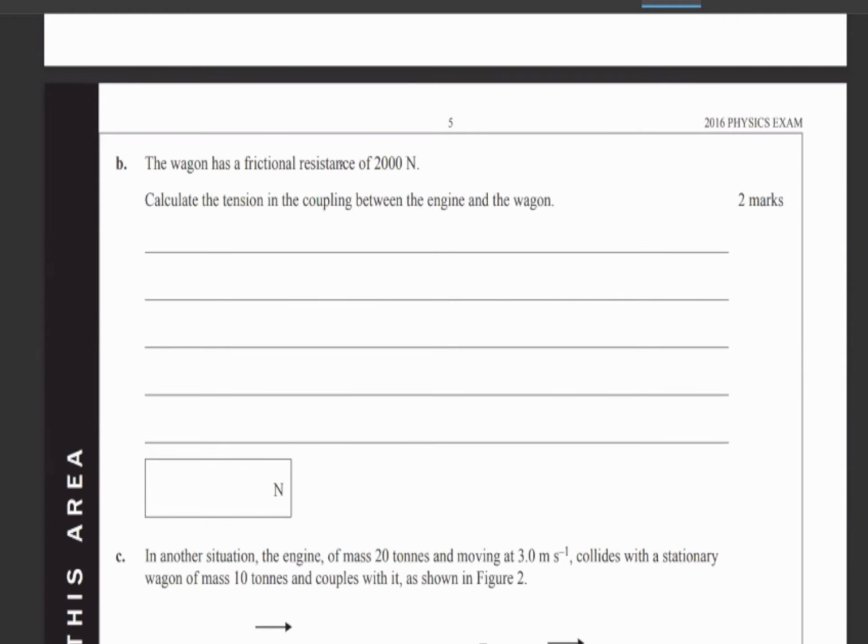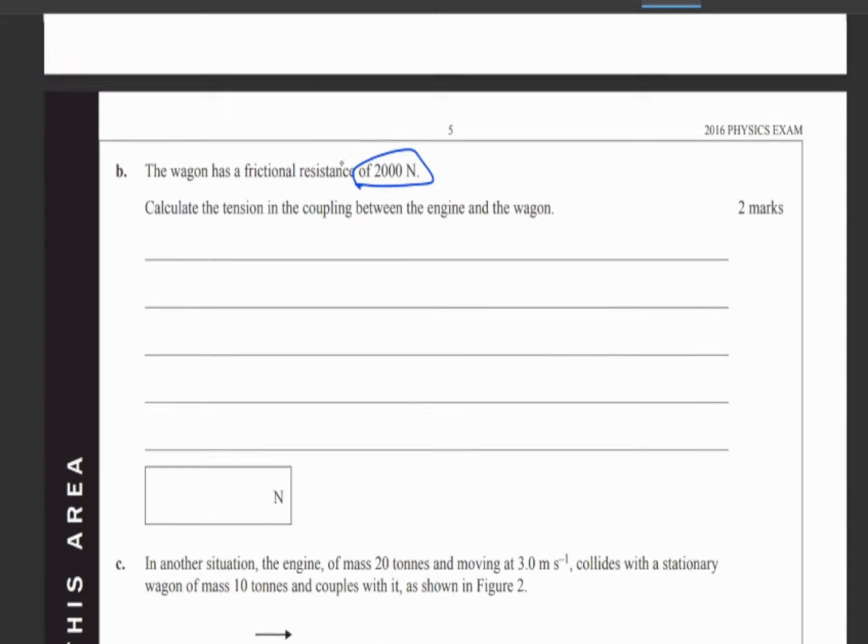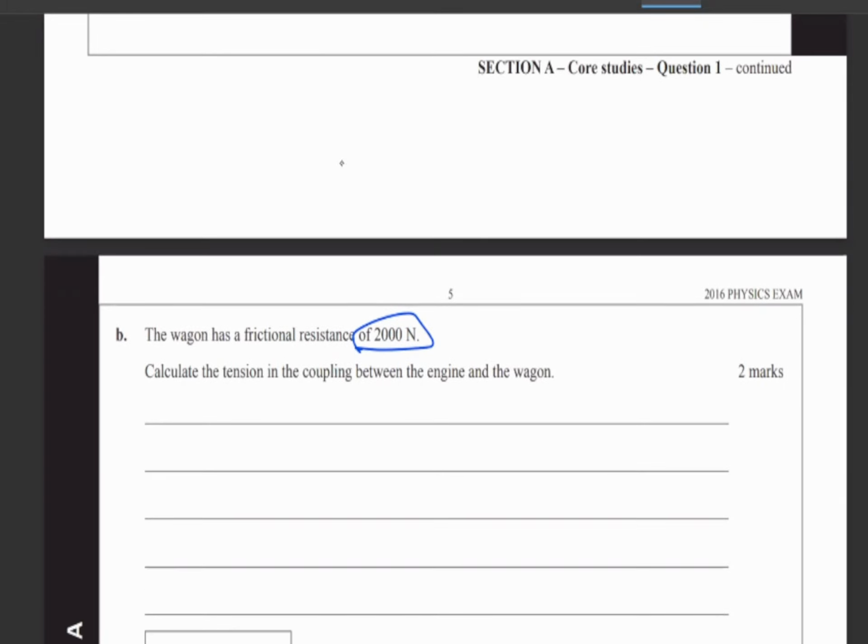The wagon has a frictional force of 2000 newtons. Calculate the tension. So the tension is this way and the friction is this way.